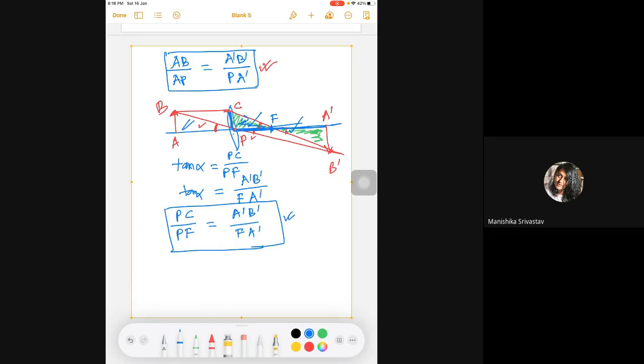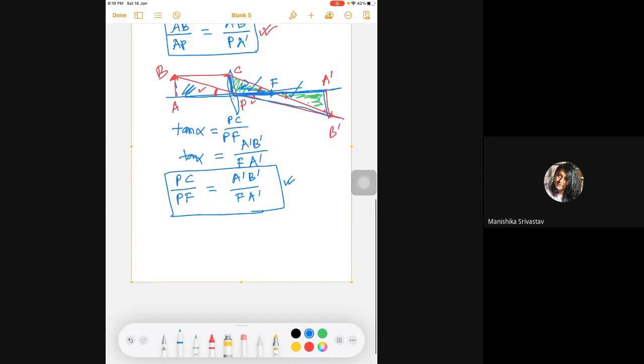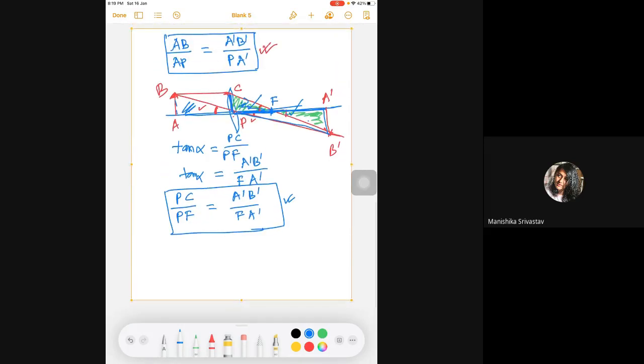First we consider this triangle, and here if you see another triangle, you consider this one. Second we are considering this green shaded one, and we are getting this one. Student, please confirm, is it okay, or do you need more explanation? Yes, sir, it's clear. Okay, very good.